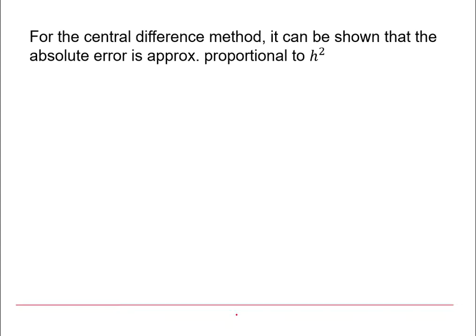And for the central difference method, which we saw converged faster than the forward difference method, it turns out that the absolute error is approximately proportional to h squared this time, and so that means that we would describe it as a second order method.